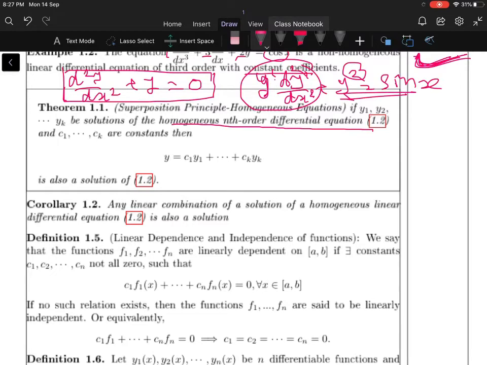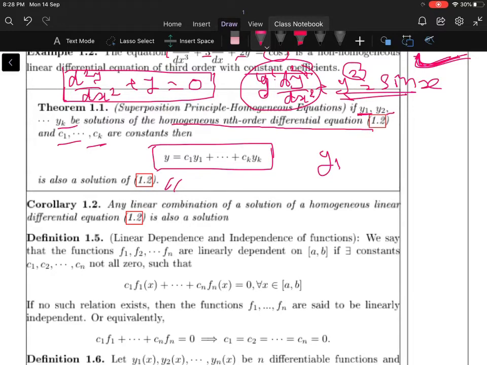Now let us move to theorem 1.1, superposition principle of homogeneous equation. If y1, y2, etc., yk are solutions of the homogeneous equation of order n, that is equation 1.2, and c1, c2, etc., ck are constants, then y is equal to c1 into y1 plus c2 into y2, etc., plus ck into yk is also a solution of the homogeneous equation 1.2.